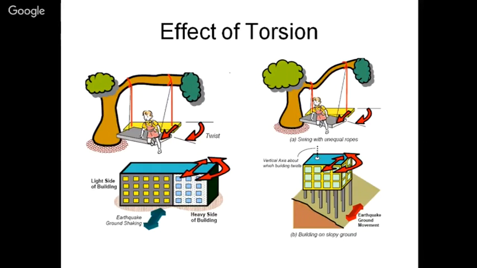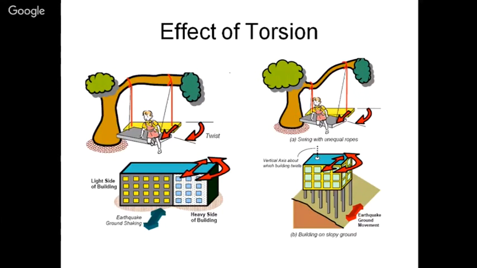As shown here in the figure, as soon as the girl shifts her place from the center to one side of the swing, the motion changes from translational motion to torsional motion. But if the girl continues to sit in the center of the swing, it is going to be in translational motion.